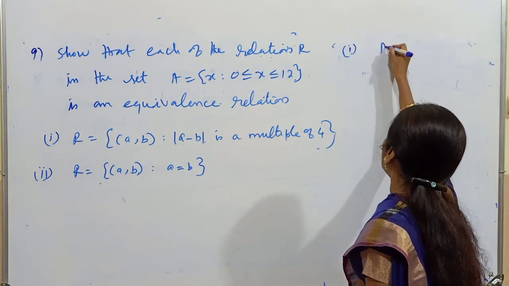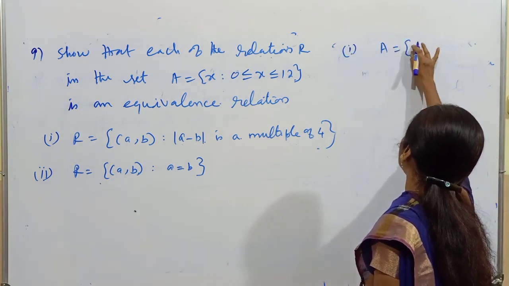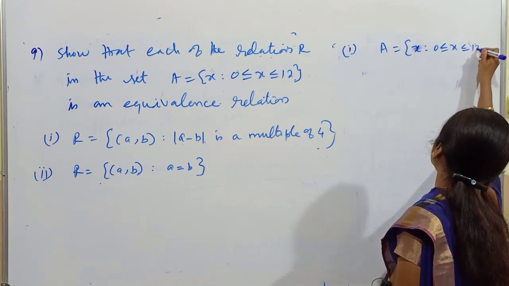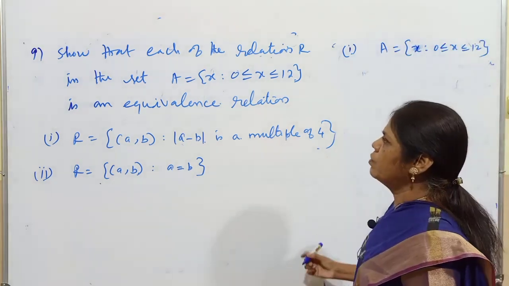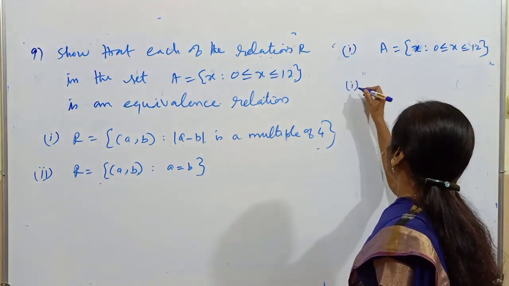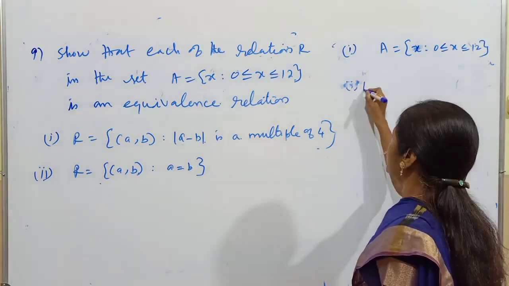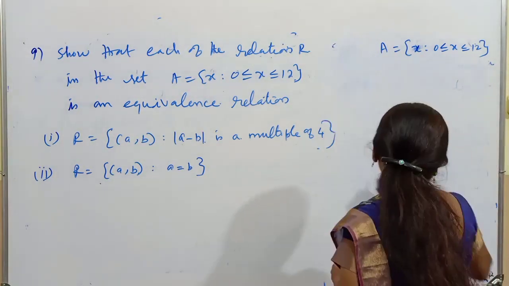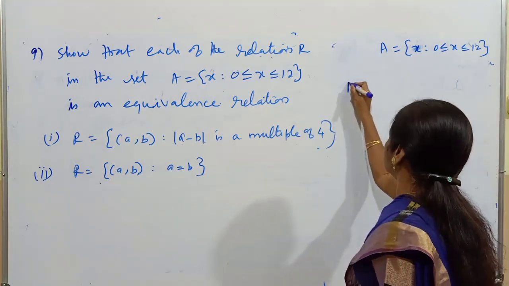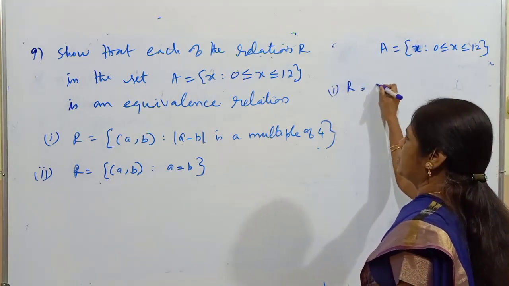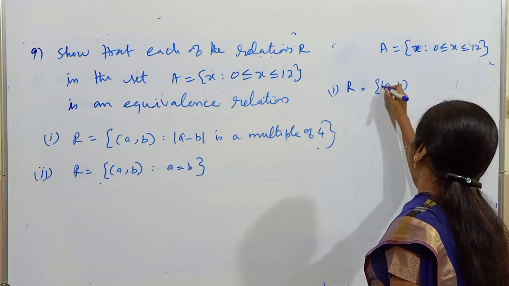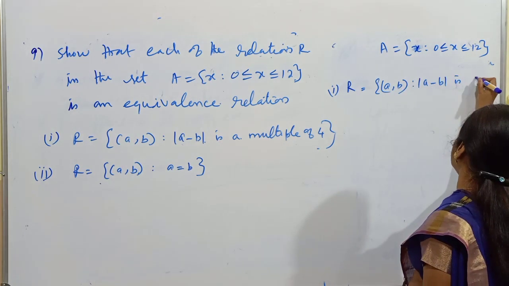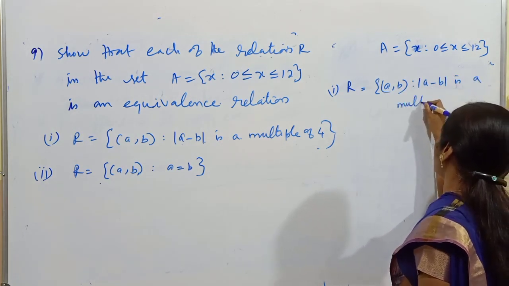Right, now let us write what is the set given here. A equal to X such that X is lying between 0 and 12, including 0 and 12. And the first relation R equal to A comma B such that modulus of A minus B is a multiple of 4.